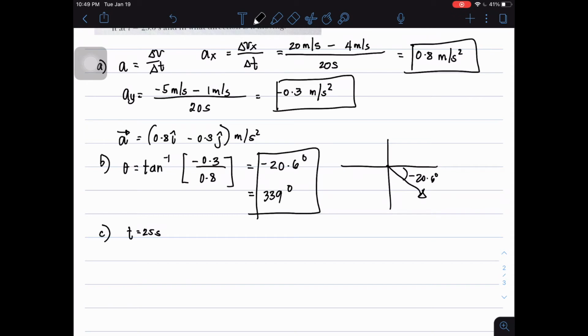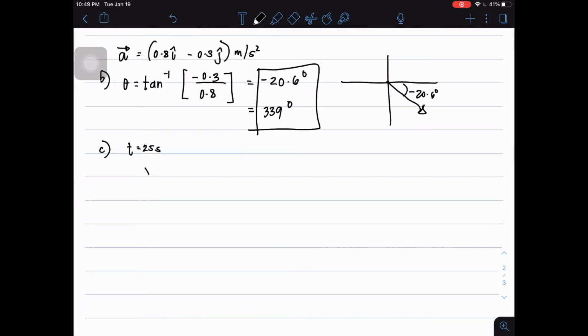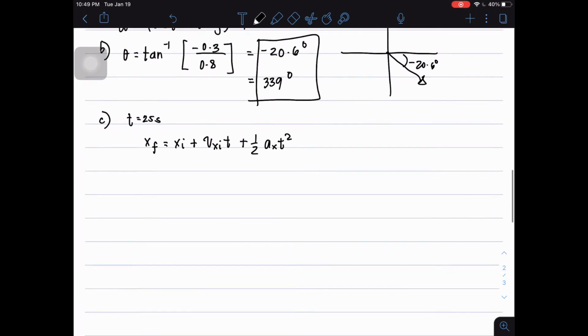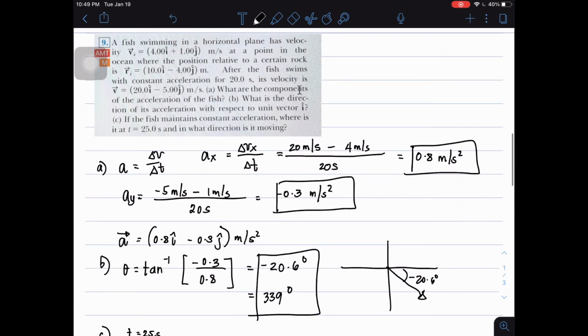For letter C, when time is equivalent to 25 seconds, we have here the solution for the change in position given this formula. We know that the initial position is given as 10 i hat.